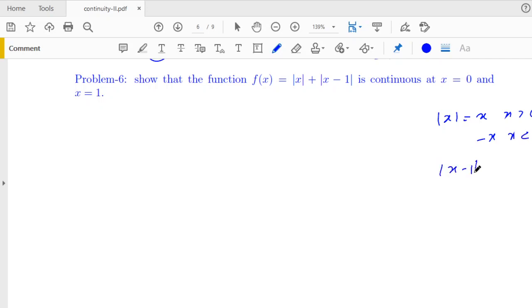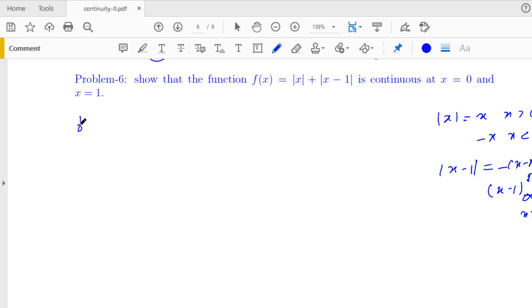Similarly, mod of x minus 1 equal to minus of x minus 1 if x is less than 0, and equal to this one when 0 is less than x is less than 1. Similarly, when x is less than 1, this value equal to this one, and when x is greater than 1, this value equal to x minus 1.